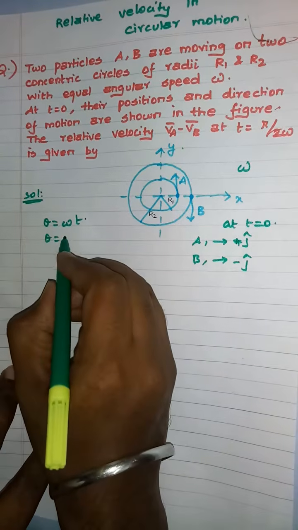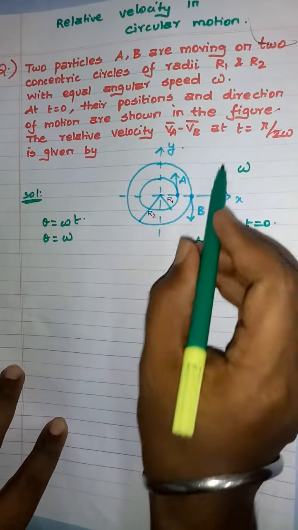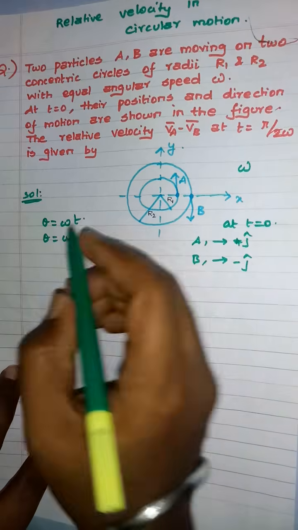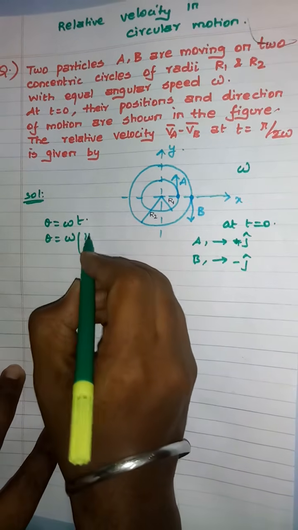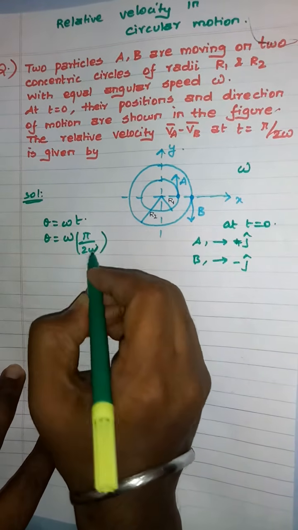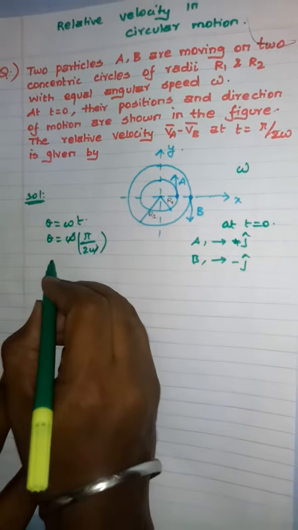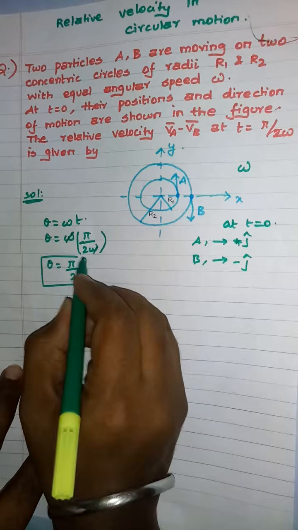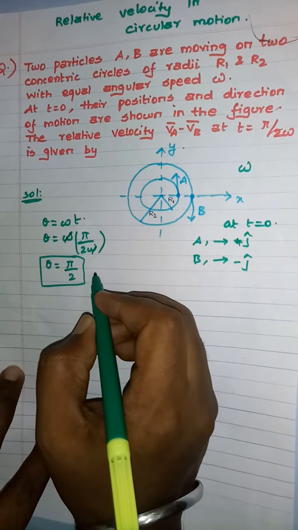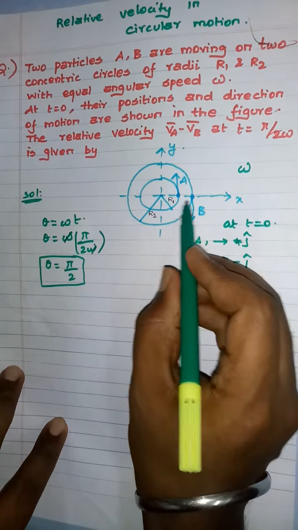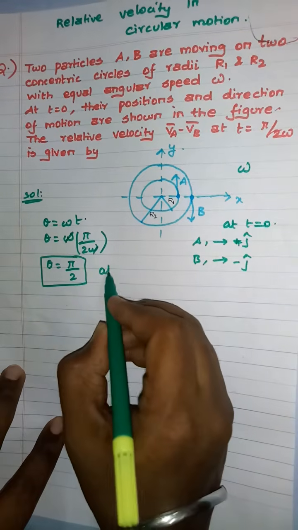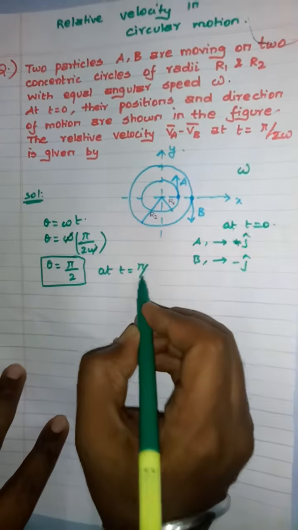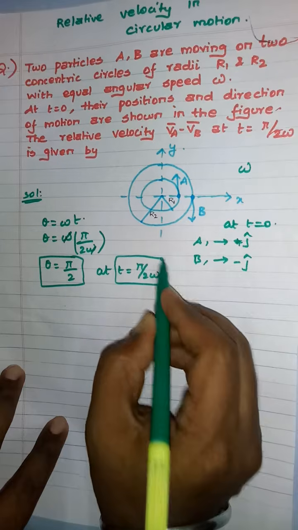T is given, that is t = pi by 2 omega. Substitute here. The omega will get cancelled. That means theta = pi by 2. This is the angle of revolution made by these two particles A and B at t = pi by 2 omega.